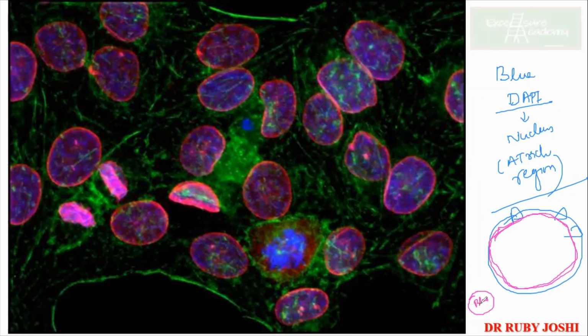This blue is because of your DNA, and this pink color is because of lamins. Above that there is no color, because the nuclear membrane is not being colored here. Did you get the point? And what is the green color here? The other intermediate filaments, or actin or microtubules. It can be anything which is present outside the nucleus. Did you get it?